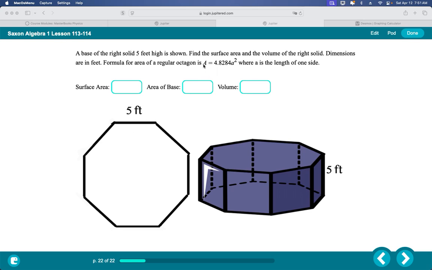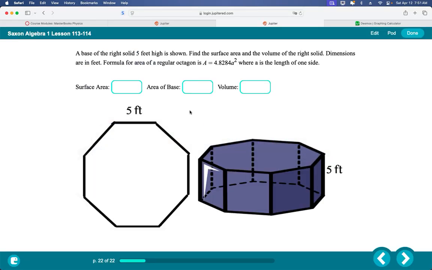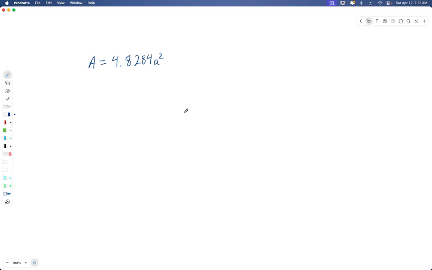So we're just going to take this formula right here. Let's write that over here. A is equal to 4.8284a squared. Let me make sure I wrote that right. 8284, 8284. Okay. And a is the length of one side.